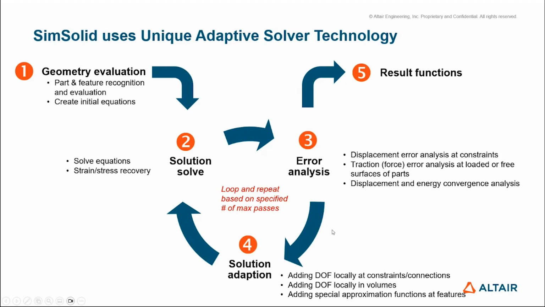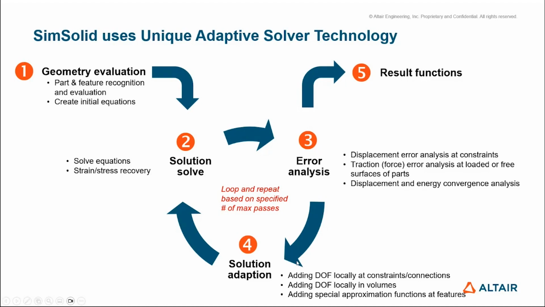If this is not achieved, then degrees of freedom and those functions are added locally at the constraints and connections, or in the volumes, as I said, around certain features like holes, radii, etc. And then it is rerun, and the error analysis is checked again to be within a certain tolerance.